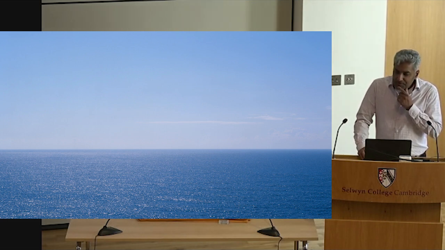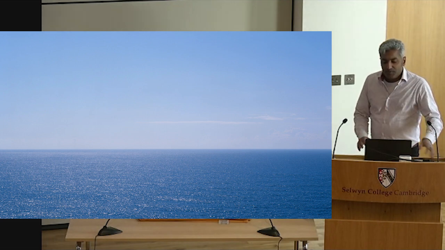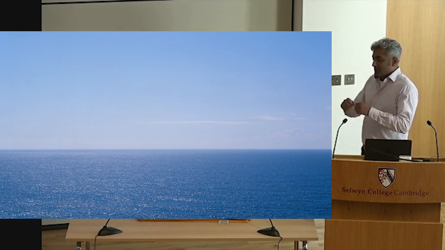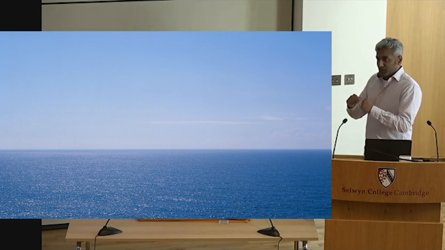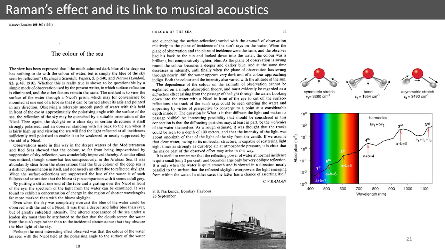Raman starts to build up a theory that perhaps the oceans look blue because you have an interaction of light together with the vibrational modes of the water molecules in the water. And when he arrives in India, he shoots off the second paper, a very short article, once again to Nature magazine.